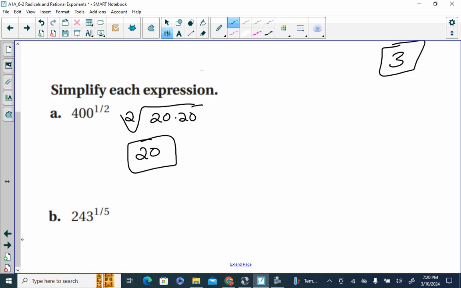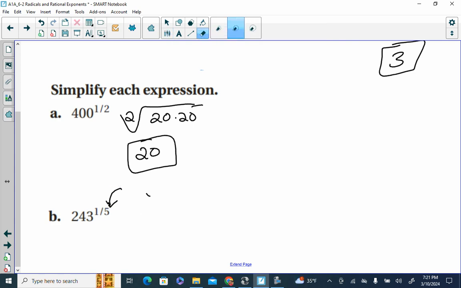In example B, we want the fifth root of 243. So what number used as a factor 5 times would give us a product of 243?